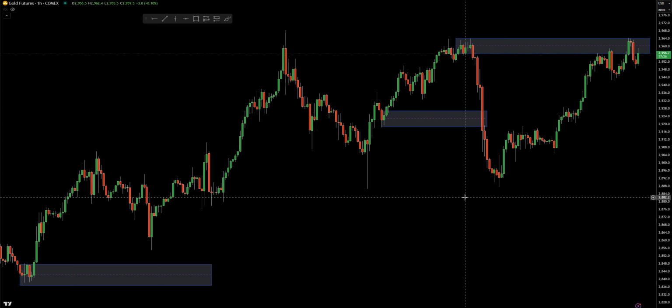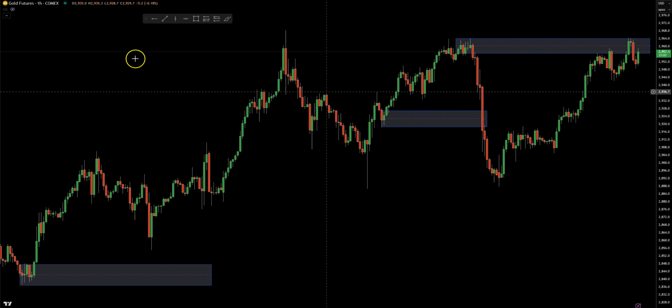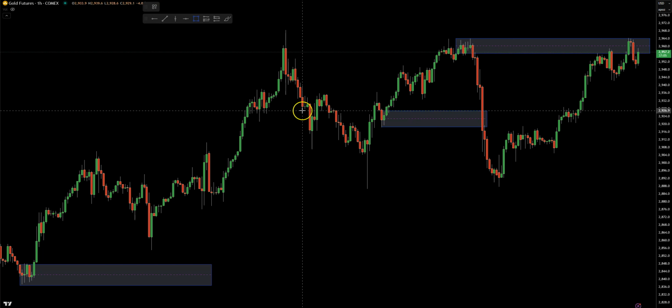Now, as we continue to look at these zones, we've got to qualify them as to what makes them a good zone. Because, like I said in my second video, you can get really fractal when it comes to drawing supply and demand zones, or order blocks, if you want to use that term.